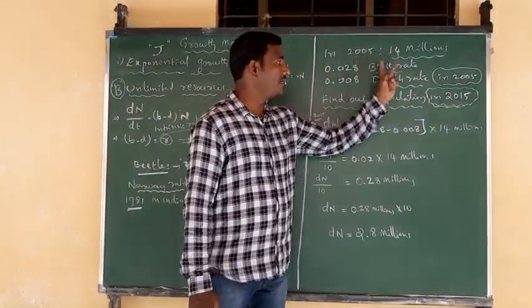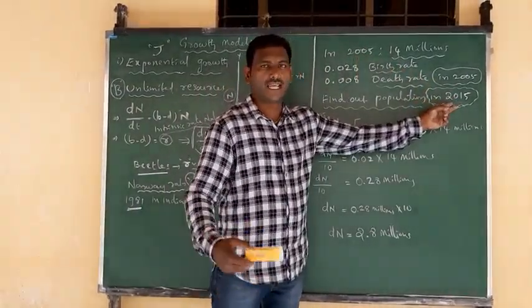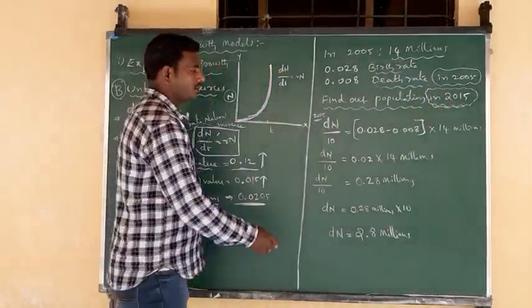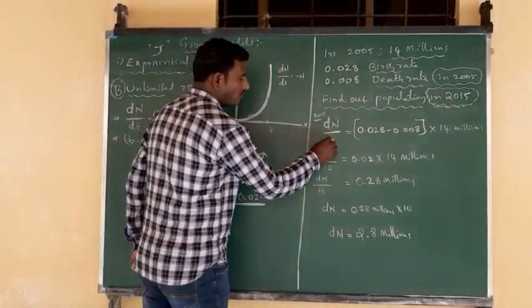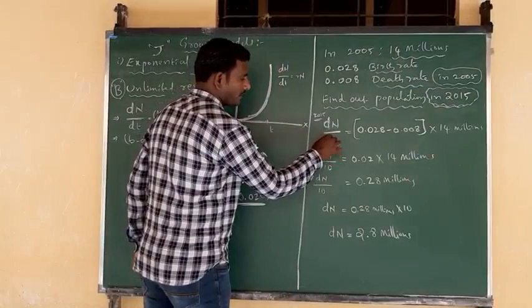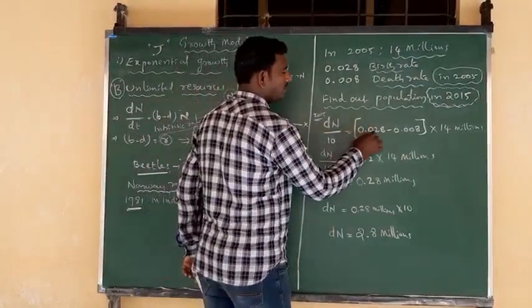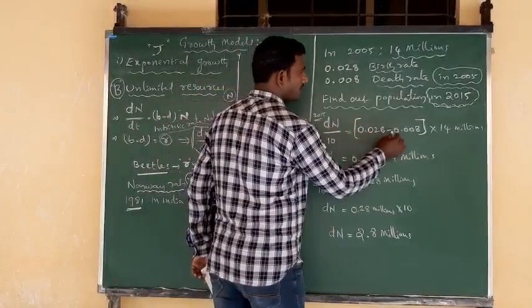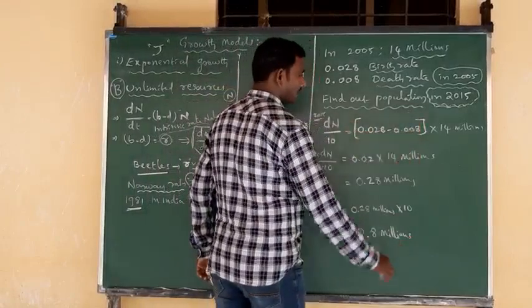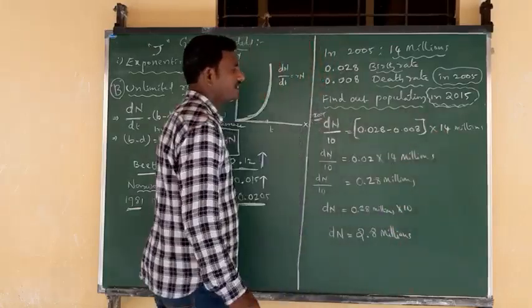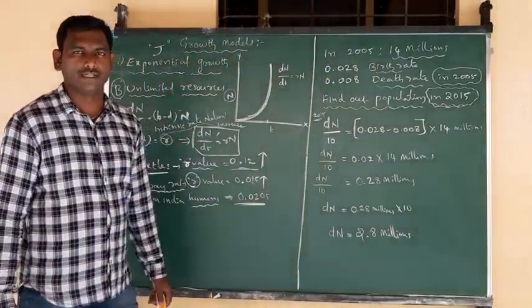From 2005 to 2015, what is the time period? Obviously, this is 10 years. So in place of dt, we take 10 years. Then they gave the birth rate as 0.028, whereas the death rate is 0.008, multiplied by the population density. The population in 2005 is 14 million.